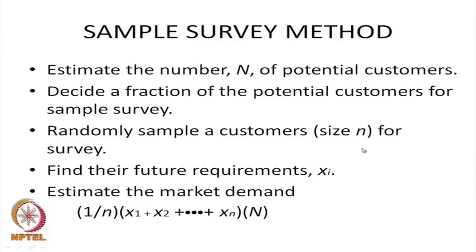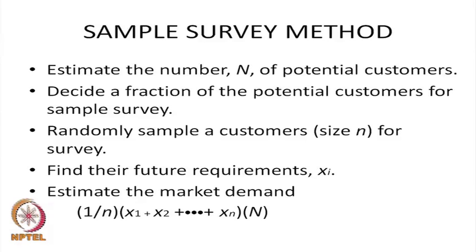and then through a method of interview or a questionnaire survey, their individual requirements are obtained by meeting each one of them, by talking to each one of them, either through telephonic interview or by sending a questionnaire survey or making face to face contacts.